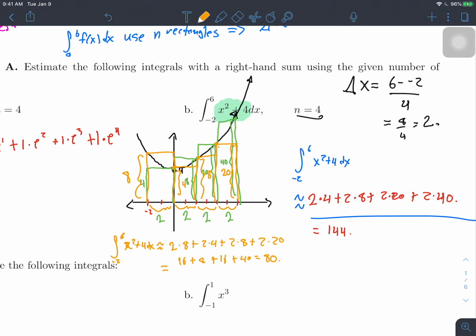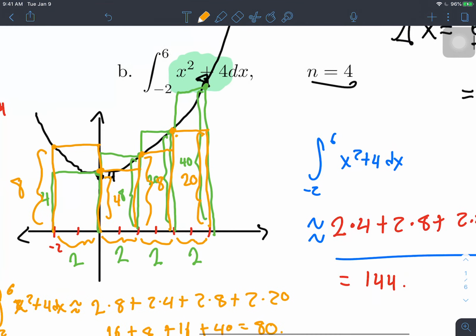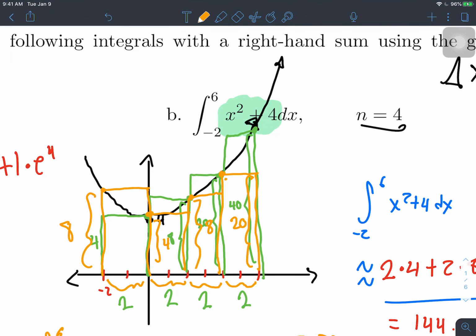So I guess that last term really made that a super overestimate, didn't it? Yeah, and it makes sense if you look at this, because look at how much taller the green rectangles are than the orange ones. We have one orange rectangle which is an overestimate, but all the rest of them are underestimates.